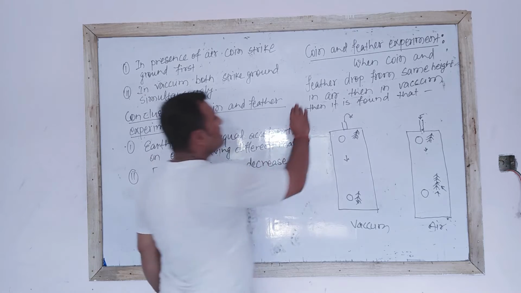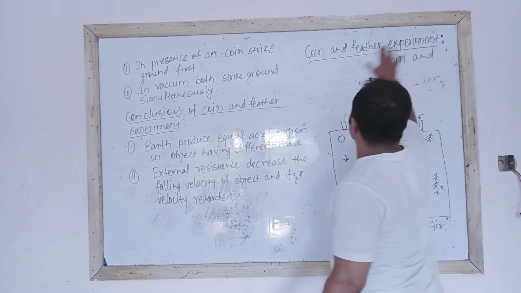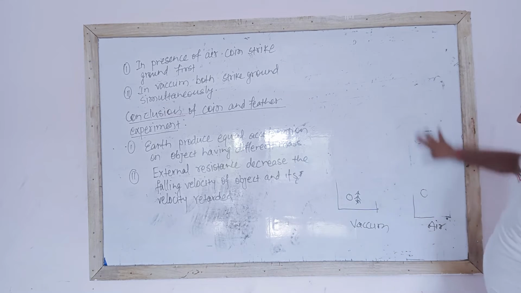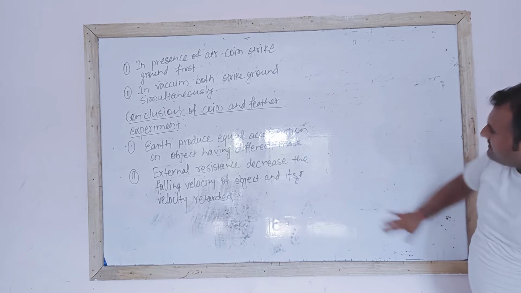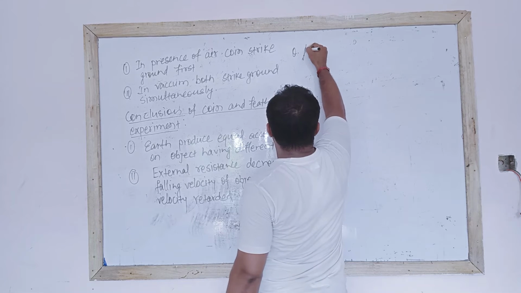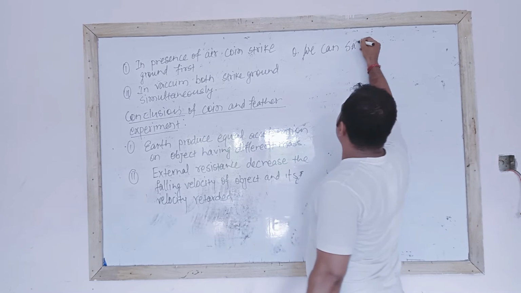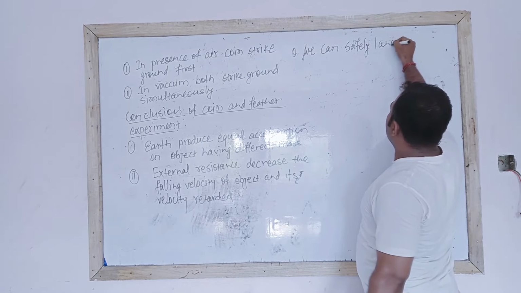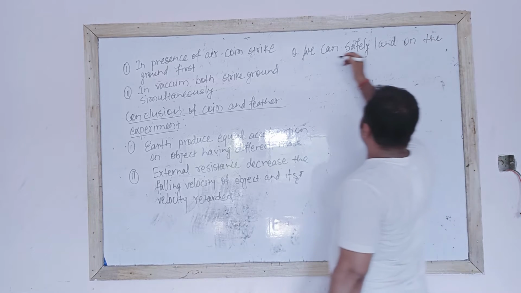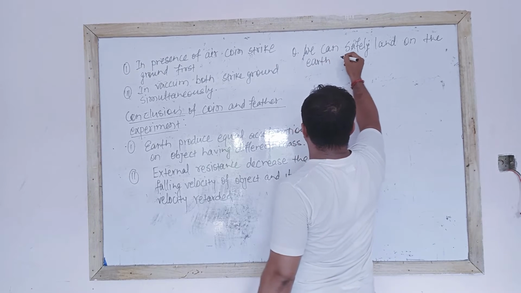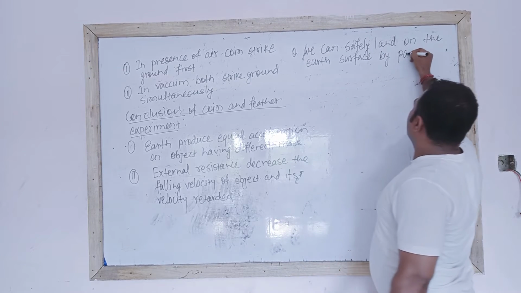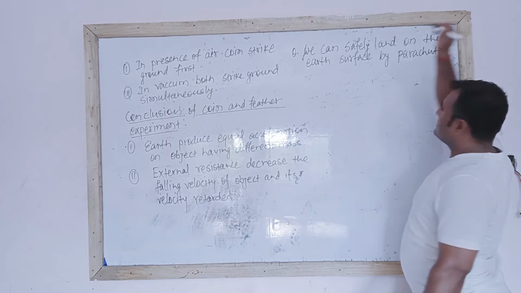From that experiment, we can explain the falling motion of a parachute, and we can safely land on the earth surface by parachute.